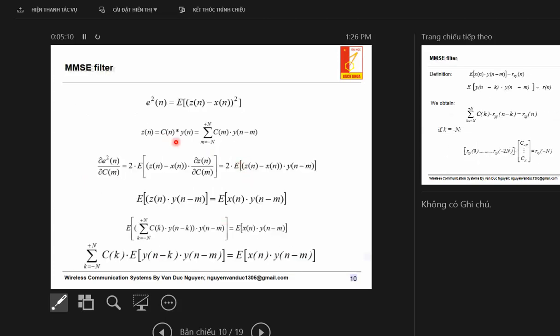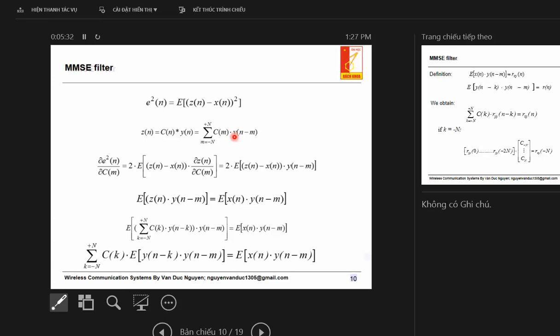That is this equation here: convolution of the filter coefficient with the input. Here is a convolution operation, where m is the index from minus N to plus N. That is familiar from other lectures like digital signal processing.